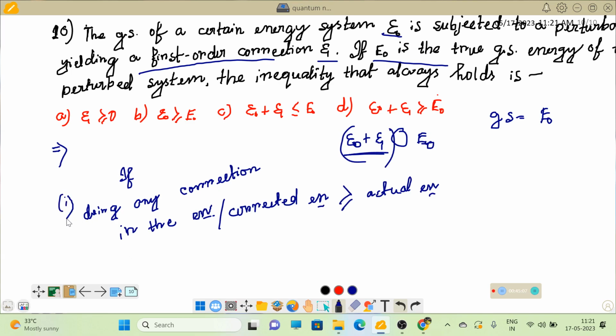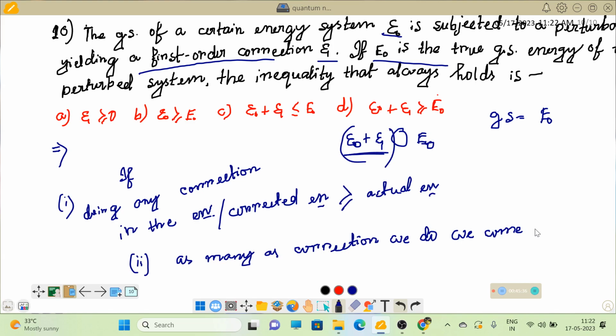The second point is, as many corrections as we do, we come closer to the actual energy, but it will always be greater than or equal to the actual energy.